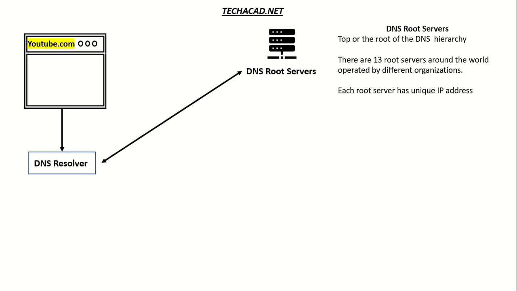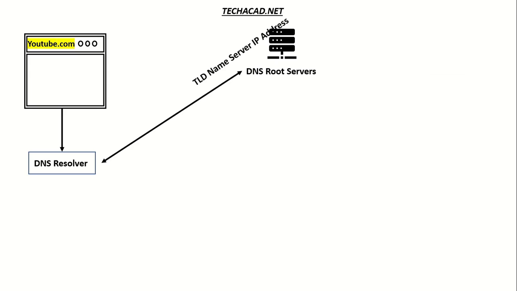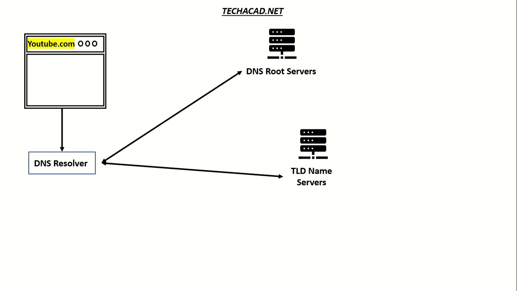So the DNS root server will check for the query and the IP address for youtube.com, but it knows the IP address for the .com top level domain server, so it will respond to the DNS resolver with the IP address of the TLD name server. So once the DNS resolver receives the TLD name server IP address, it will forward the query to TLD name servers.